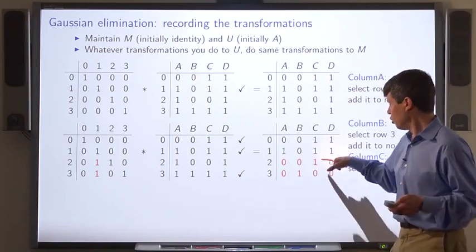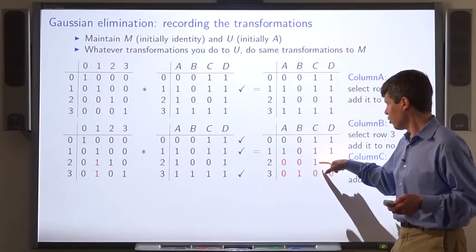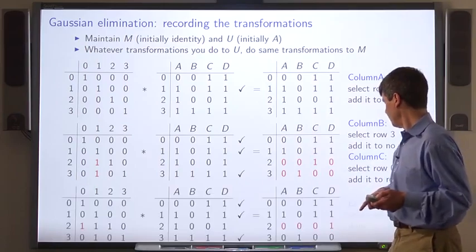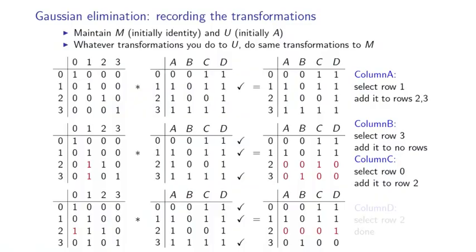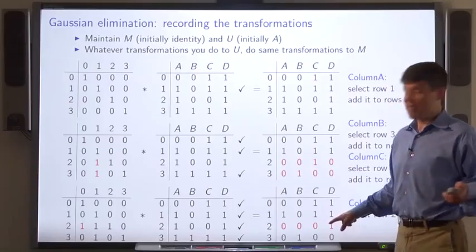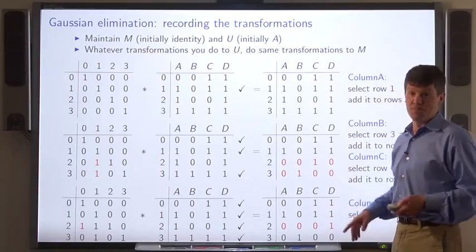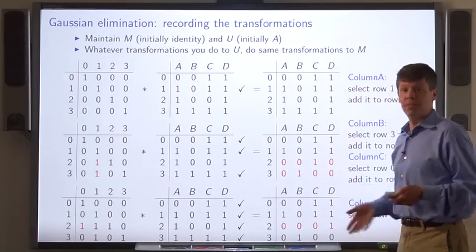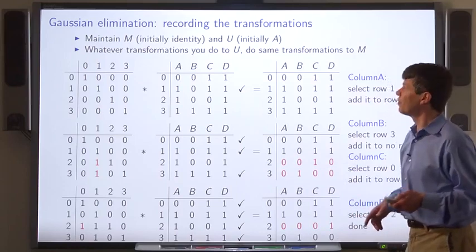We add it to row 2 to zero out that entry, and we get this matrix. Finally, we consider column D. We select as the pivot row, row 2, and we don't have to add it to anything because there aren't any rows left. So we're done.